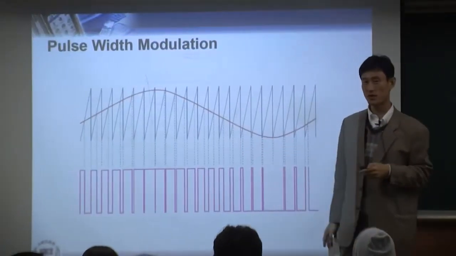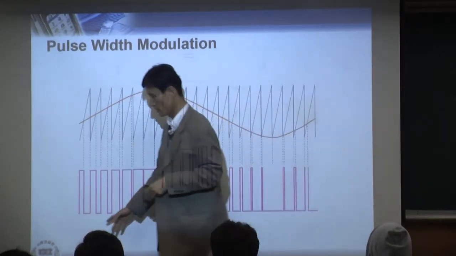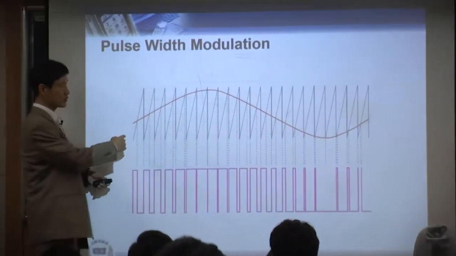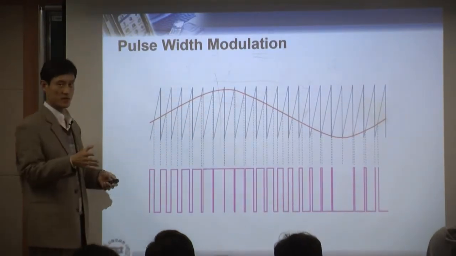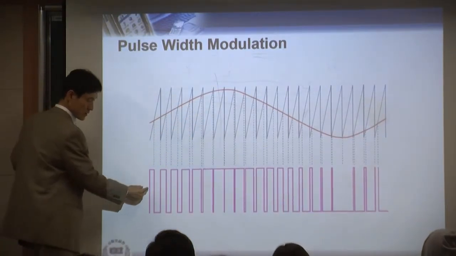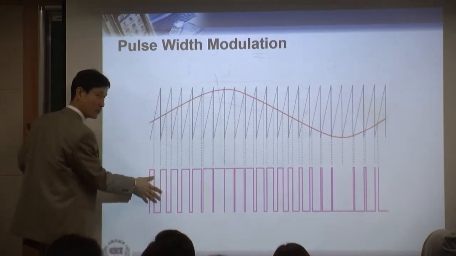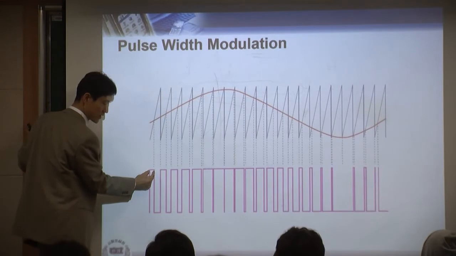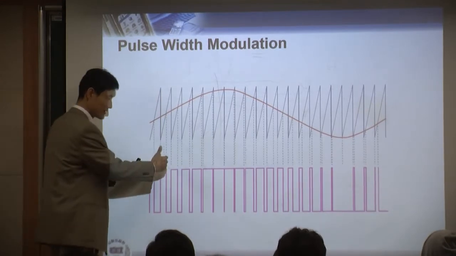This is how to make a pulse width modulation. Let's say the red one is the original message, m(t). Based on the original message, if the message goes up, look at this output: the pulse width is getting wider and wider, the pulse is getting fat.